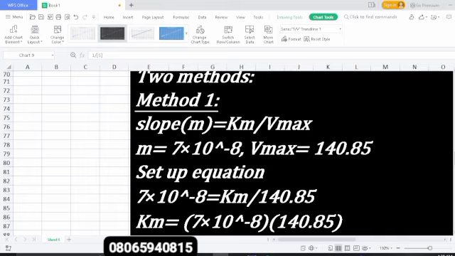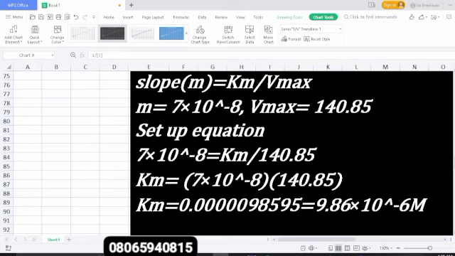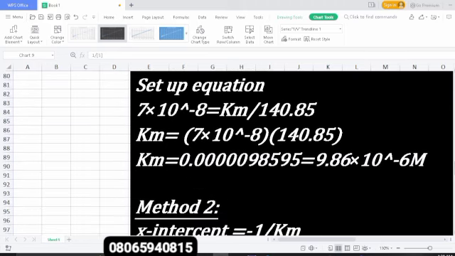Slope is 7 times 10 to the power of negative 8. Km is unknown, so we write it there. Vmax, we know it, so we input it there. Same thing again, we cross multiply so we can make Km subject of the formula. And when you multiply this, you're going to have this final answer, which is 9.86 times 10 to the power of negative 6 molar.